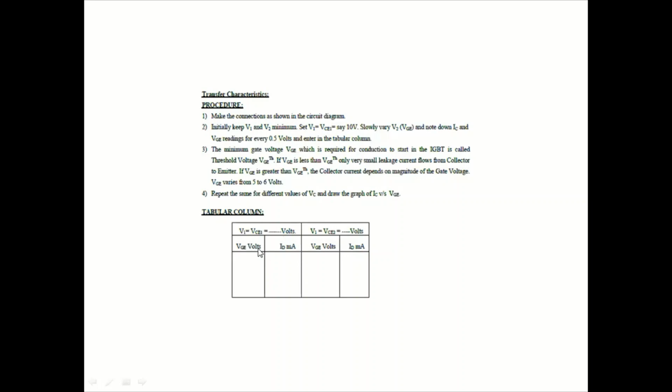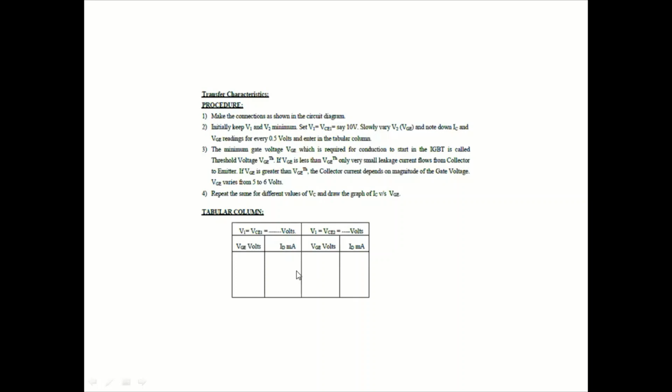So similarly, if you go on varying the gate to emitter voltage, the observed increase in the collector current has to be noted down. The same has to be repeated for a different value of the supply voltage. It has been mentioned here, VCE1 and VCE2. The similar procedure has to be repeated.